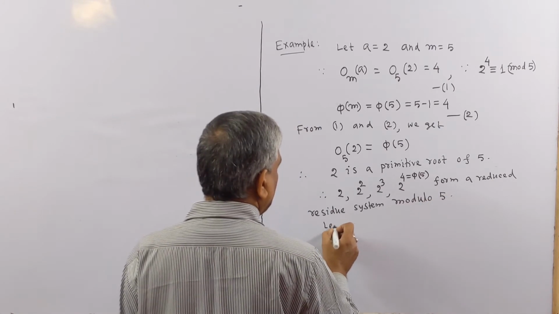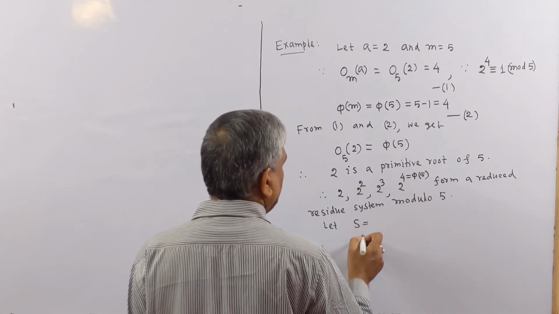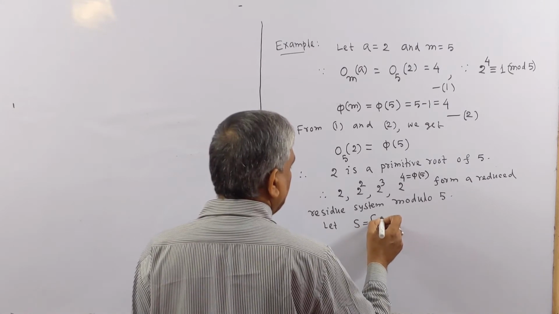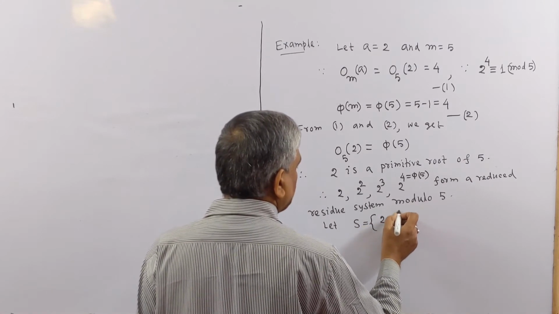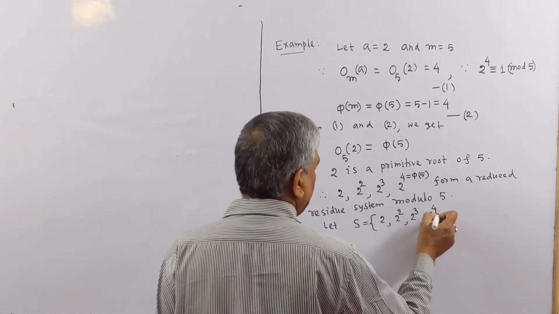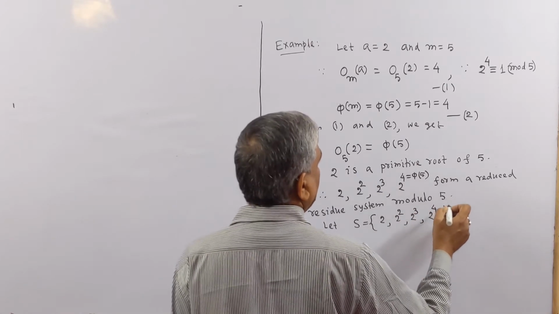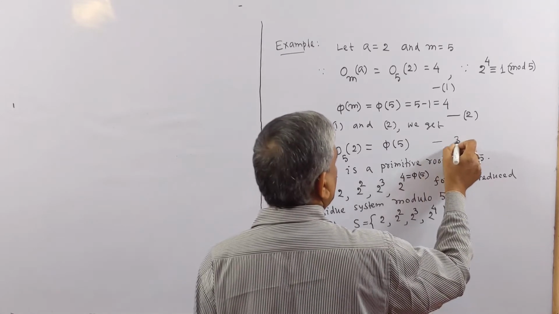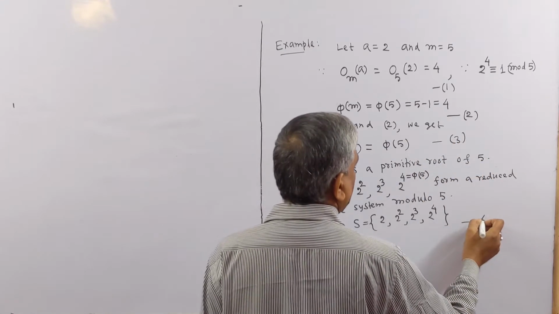Let S is a set containing 2 square, 2 cube, 2 to the power 4. Let this is 3, this is 4.